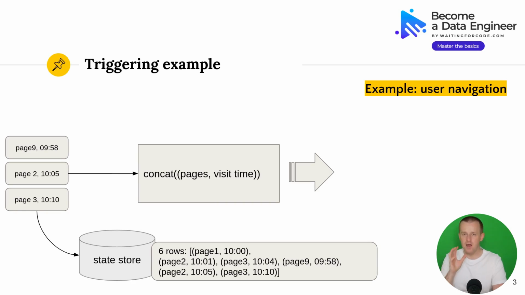So we have our user navigation, remember, and the key point is to answer this question: when we will emit the user navigation results, and to generally comply with the semantic we guaranteed to our downstream customers. If we guarantee to the customers that we will emit only the final data, and this final data will be fully ordered because there is no way to integrate late data to it, that's fine, we can emit data in the end.